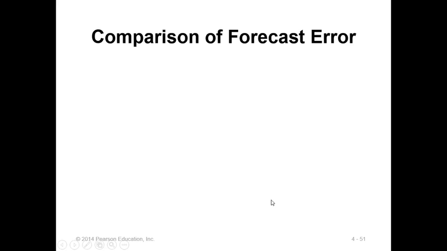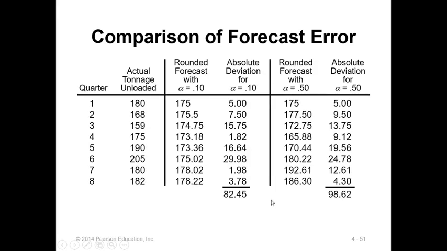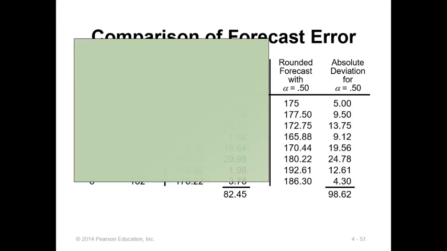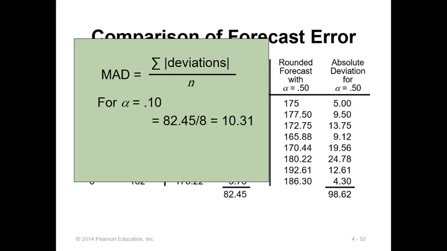Let's see now or make a comparison between the results that we have discussed, me and you. And to show you here, we will prove for you that the lesser the alpha, the less the forecasting error is. As you can see, for the three measures that we have discussed, let's just see the result one more time.